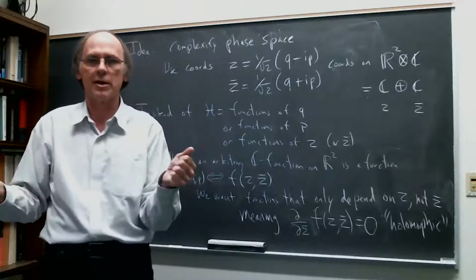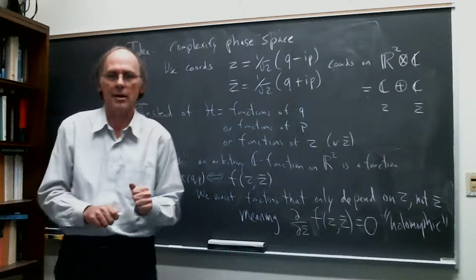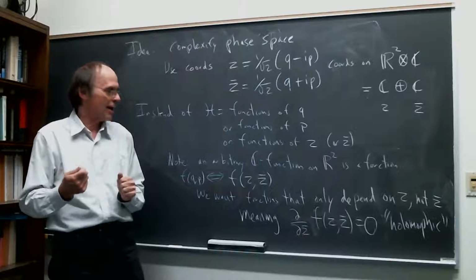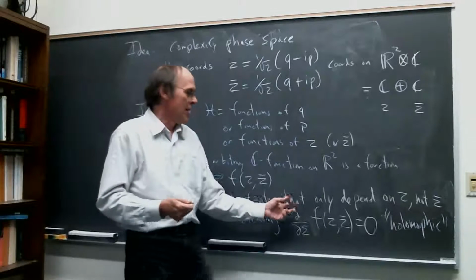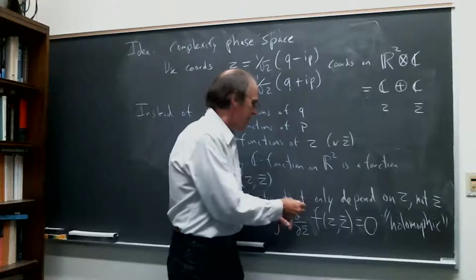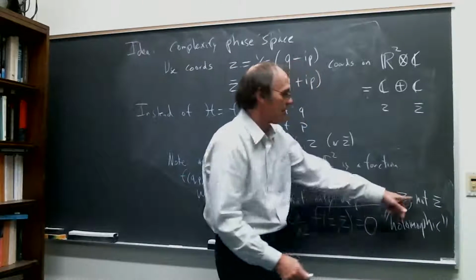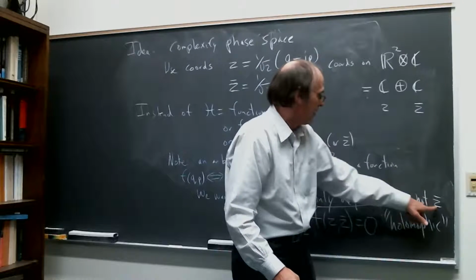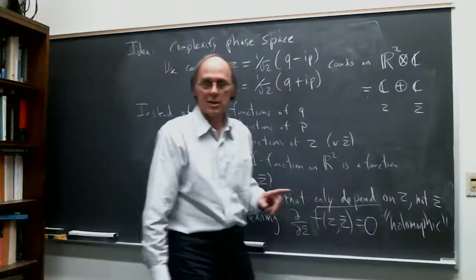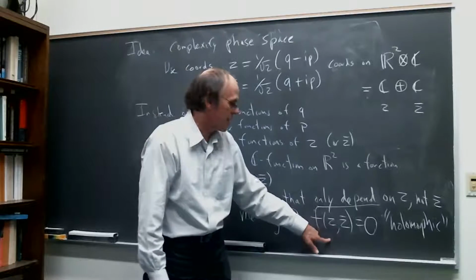You don't allow any z bars. But to make this more precise, when I say only depend on this, not this, there's something funny going on because these two are related. So this is actually the precise statement.